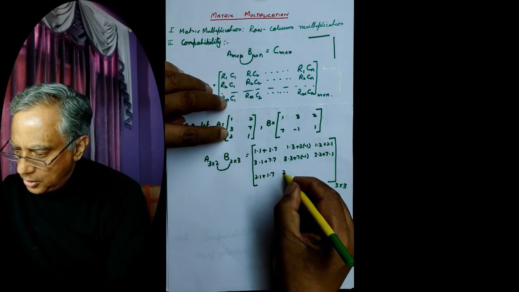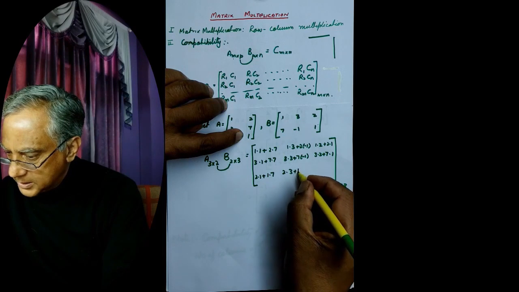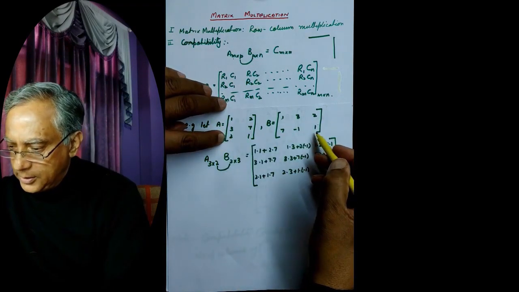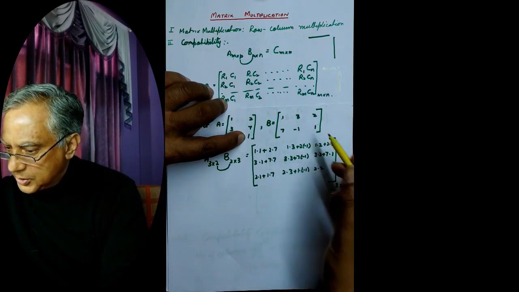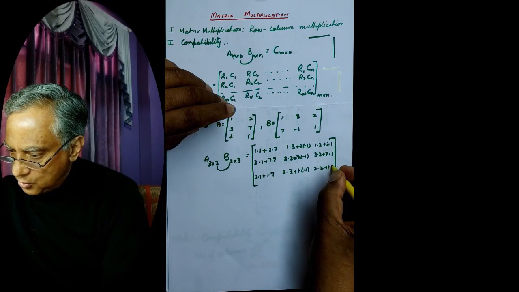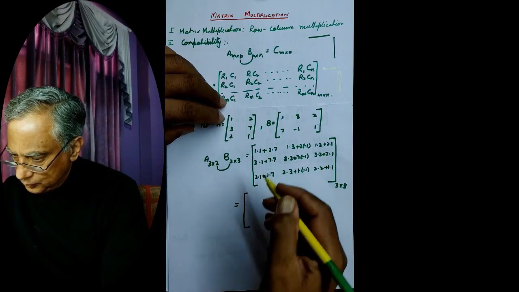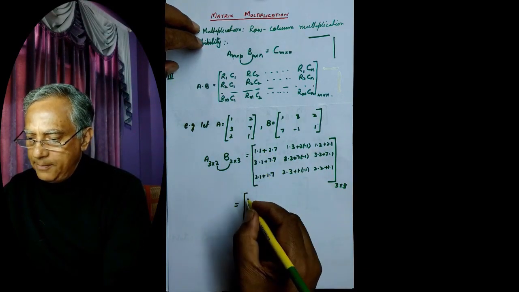Then 2 into 3, first with first, second with second, plus 1 into minus 1. Then 2 into 2 plus 1 into 1. And how much is this? 7 2s are 14 plus 1, 15.